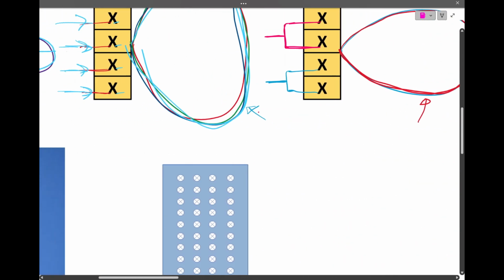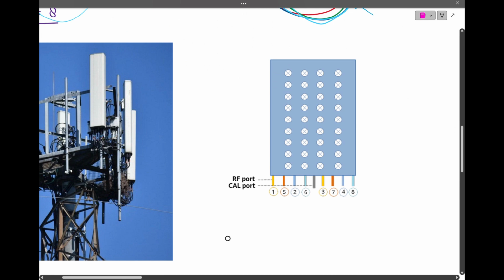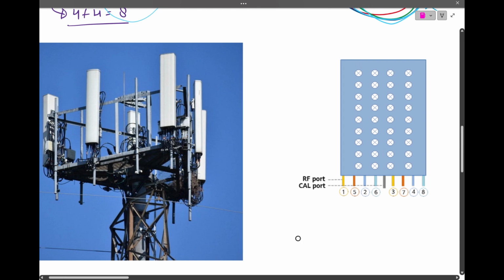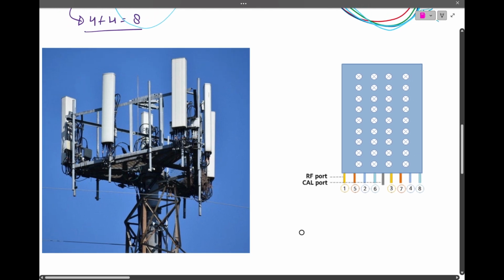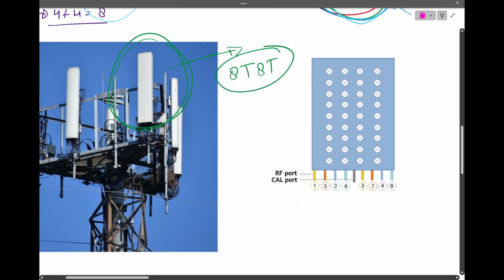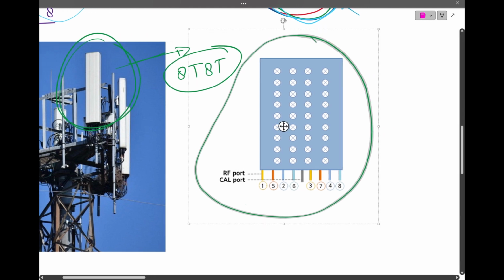Now let's understand what we practically have nowadays in 5G. This is a particular example of the antennas that we have currently installed. This is how an 8T8R solution looks. As you see, there are 8 RF chains here.